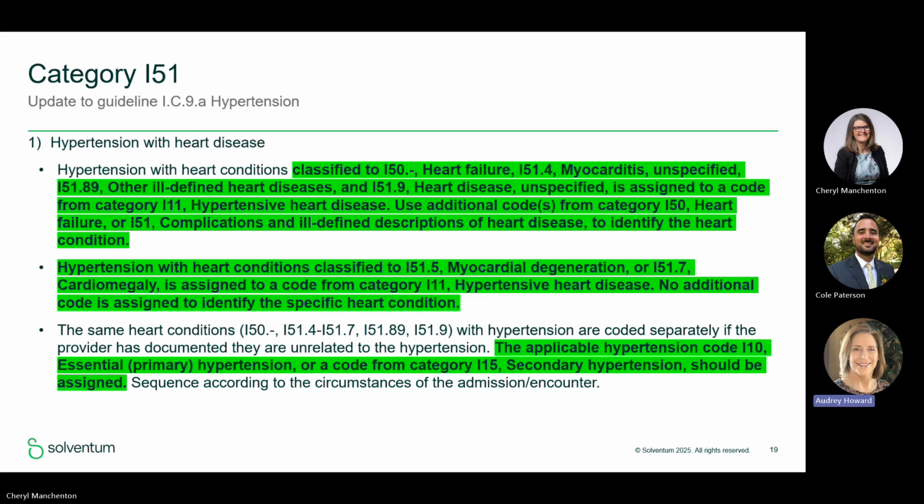However, if the hypertension is with heart conditions specified as myocardial degeneration, I-51.5, or cardiomegaly, I-51.7, then only assign a code from category I-11 for the hypertensive heart disease. No additional code is assigned to identify this specific heart condition when it's present with one of those two conditions.